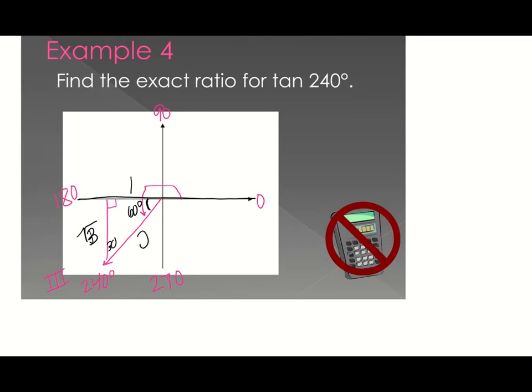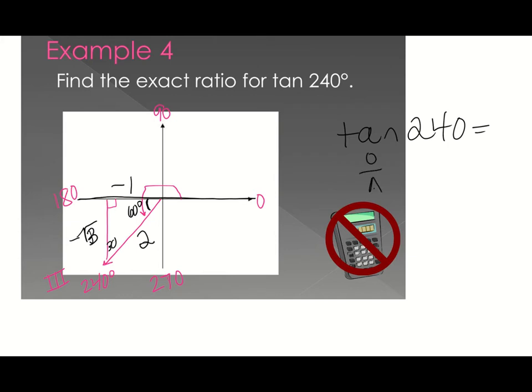Now I need to pay attention to my negatives. I went to the left, so it's -1, and I went down, so it's negative root 3. So big thing in quadrant 3, make sure we pay attention to those negatives. So if I want to find the tangent of 240, we said that tangent is opposite over adjacent.